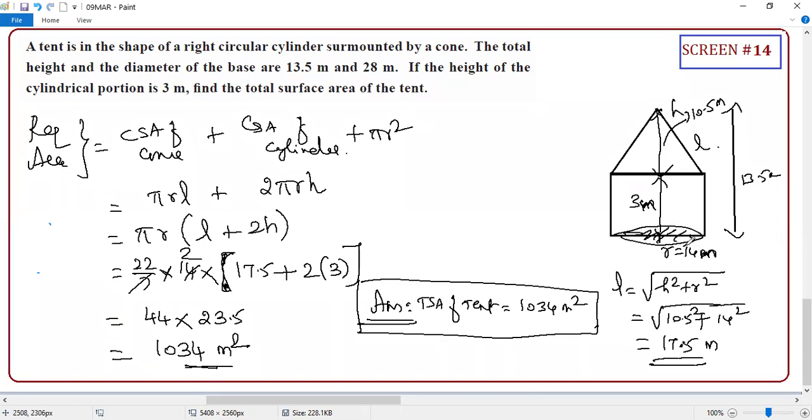A circle. If they clearly say the base is also covered, then you have to include the base, right, student? Sir, TSA minus pi r square? Why are you saying that? Let it be TSA, let it be CSA. I don't like subtraction. I always like addition. So that's why, guys, the TSA formula is very rarely used.